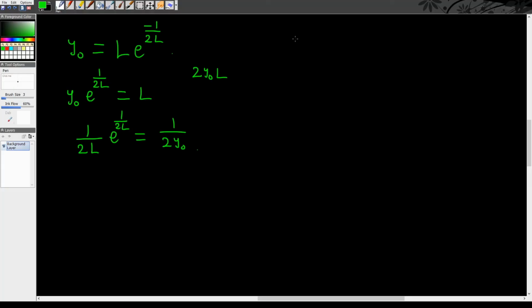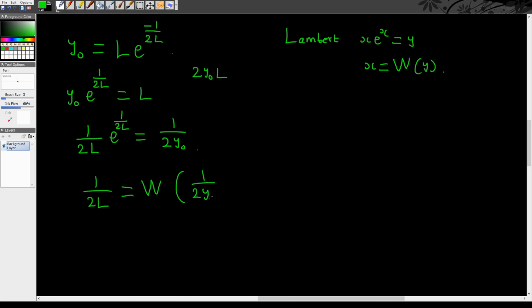Now we can use the Lambert W function, which is defined as the inverse function to x e to the x equaling some y. So if this is true, then x is equal to the Lambert W function of y. Now applying it down here, we can see our x is 1 over 2L and our y is 1 over 2 y naught. So what that means is 1 over 2L is equal to W of 1 over 2 y naught.